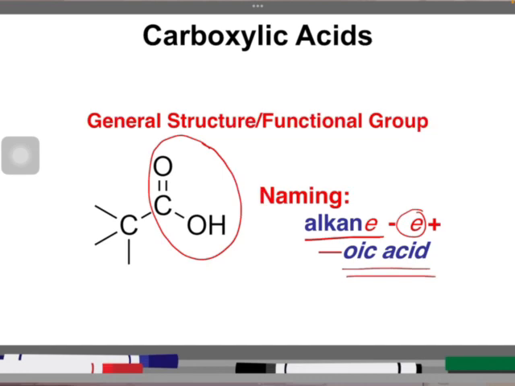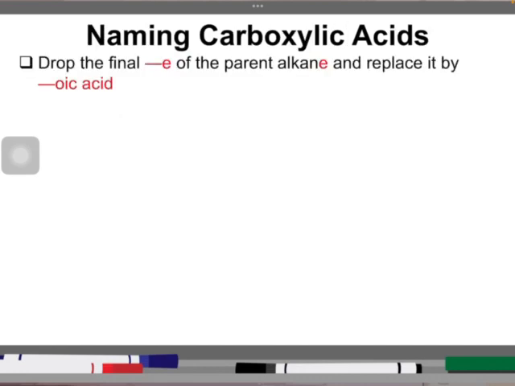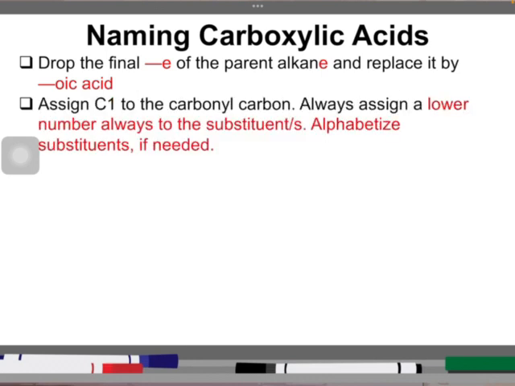So, let's give some example. So, nasabi ko na yan. And itong second na box dito, sabi dito, assign C1 to the carbonyl carbon, always assign a lower number to the substituents, and alphabetize the substituent if needed. So, parang katulad dun sa ating aldehydes, di ba?